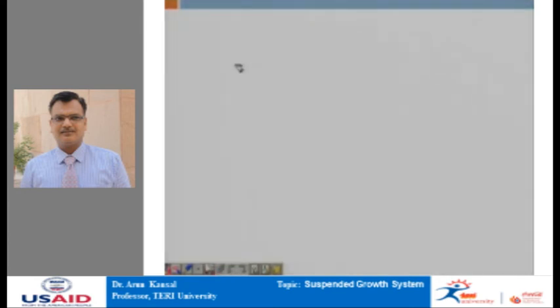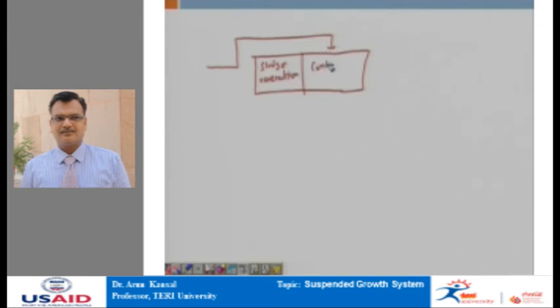Next comes contact stabilization. The layout plan of a contact stabilization is like this. We are dividing the tank broadly into 2 stages. First is the sludge re-aeration tank and the other one is known as the contact tank.